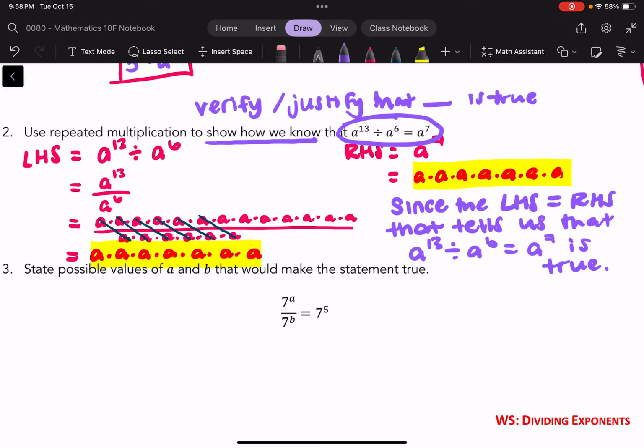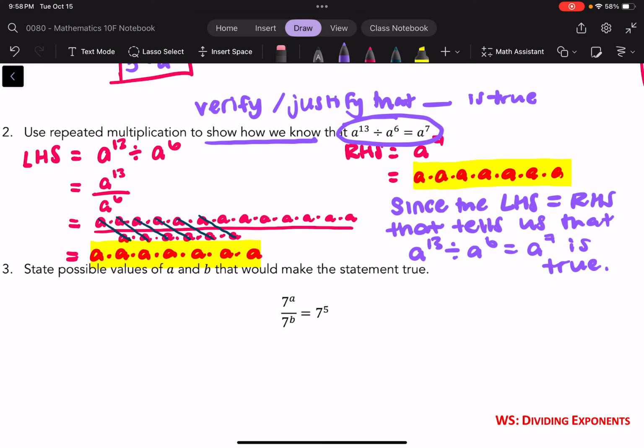Now, of course, this is written in a way that perhaps might not actually connect with you. Maybe that's not your language, right? You are welcome to say, I see in my work the left-hand side is equal to the right-hand side. That tells us that the statement a to the 13 divided by a to the power of 6 is equal to a to the 7 is true.